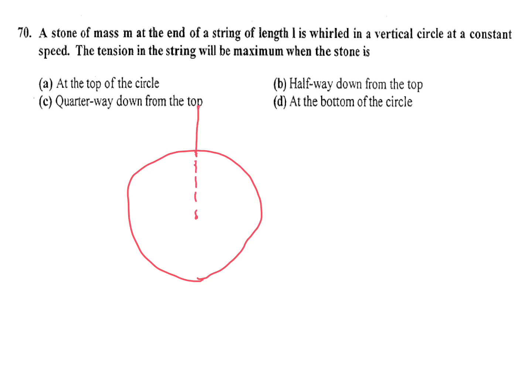Tension is the reactive force, so T. At the top position, body is m, downward mg weight of body, then centrifugal force m omega square r. T equals mg plus m omega square r, where omega is angular velocity. So at the top of the circle it's maximum.